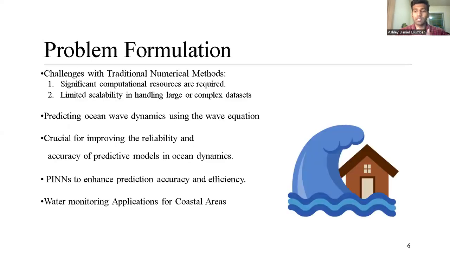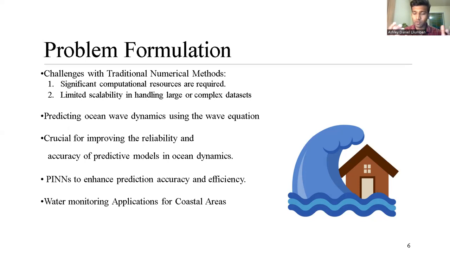And the problem formulation is that the traditional methods can't exactly compute a large number of real-world data sets because they are limited in scalability and not computationally efficient, while the new deep learning models, the physics-informed neural networks, are able to generalize and solve the wave equation and create a generalized model that can be used to solve water waves, sound waves, light waves, and seismic waves.